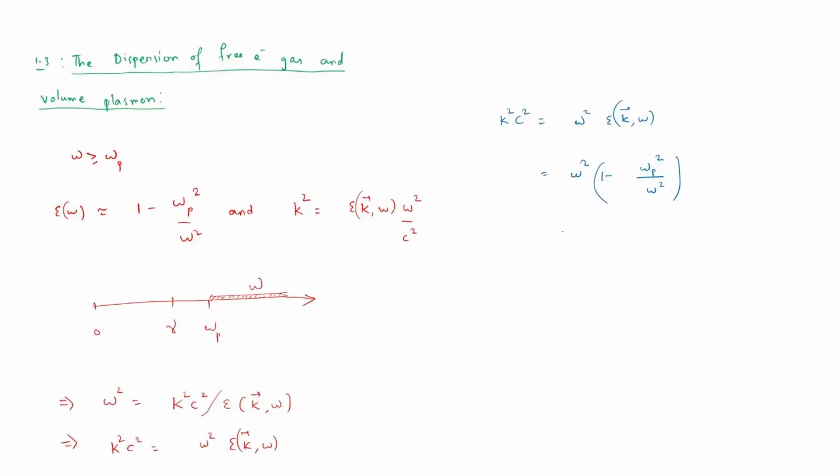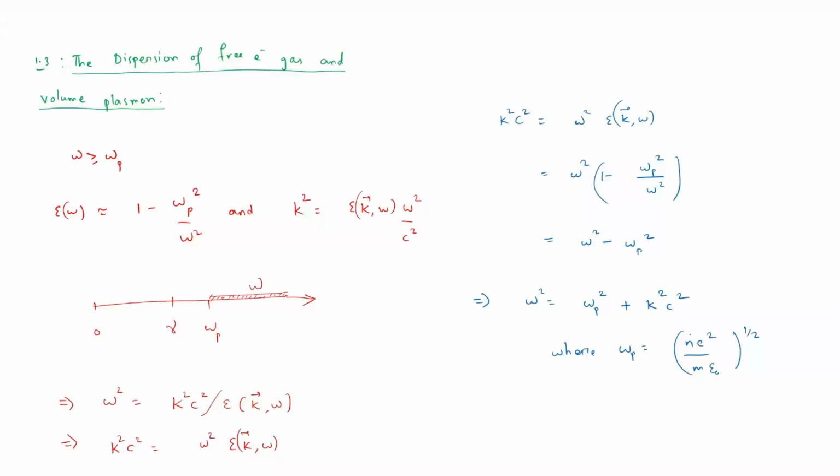So on simplification this is omega square minus omega p square. From here what we get is omega square is equal to omega p square, where omega p is the plasma frequency, which is the property of the material, plus k square c square, where omega p is equal to the square root of n e square over m epsilon naught. So this is the relation between omega and k.